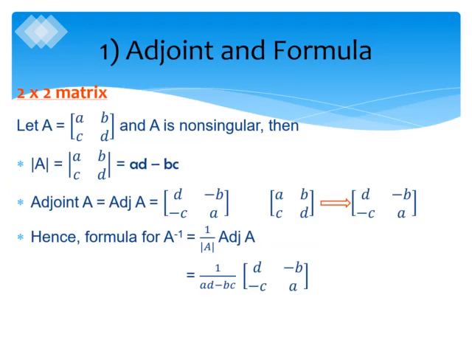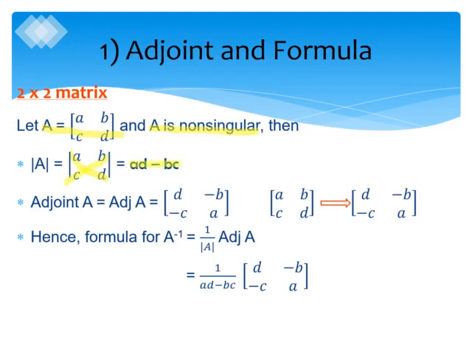So for a 2 times 2 matrix, you have A here, A, B, C, D. A is non-singular, so remember back what is non-singular. And then the determinant, remember, is AD minus BC.